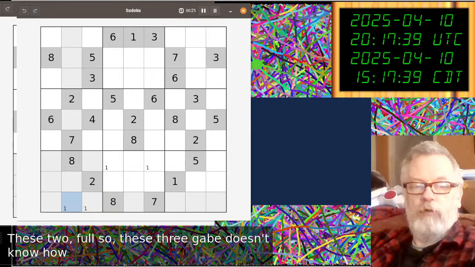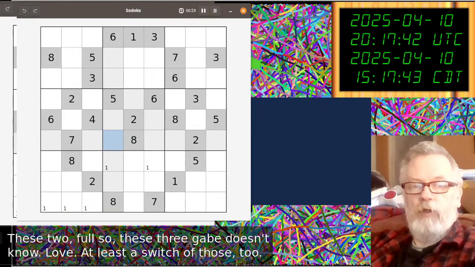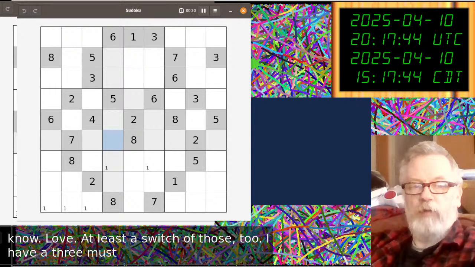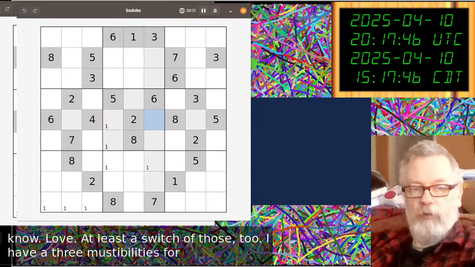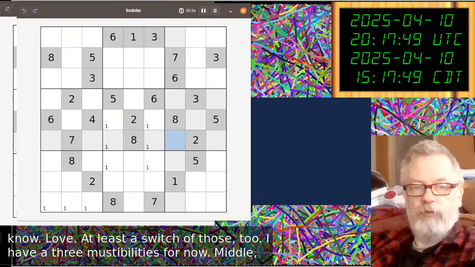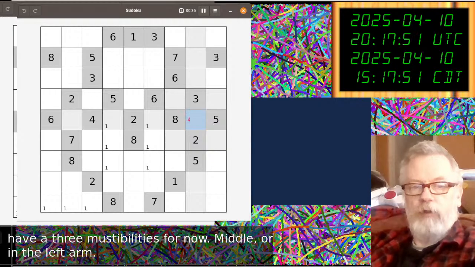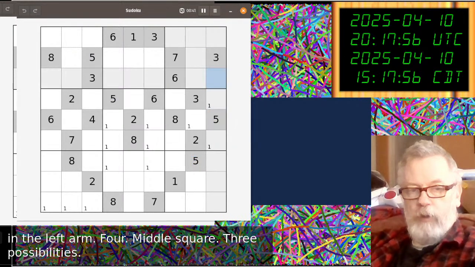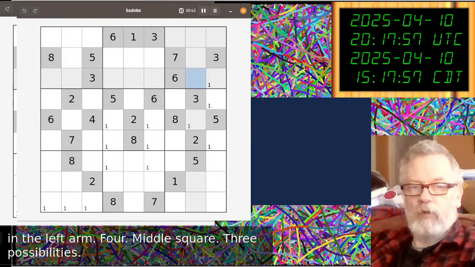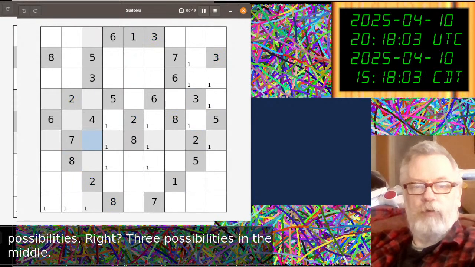I've got 3 possibilities for now in the left bottom, 4 possibilities in the middle square, 3 possibilities in the middle right, 3 possibilities in the top right, given in the bottom right.